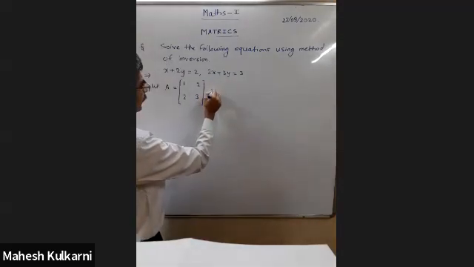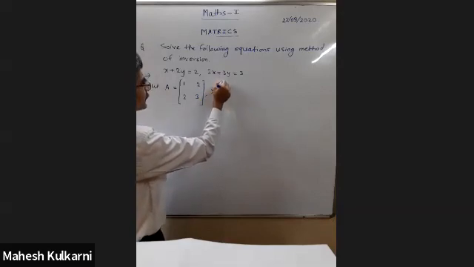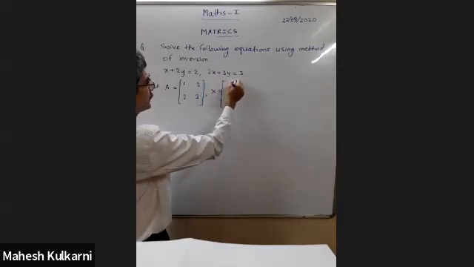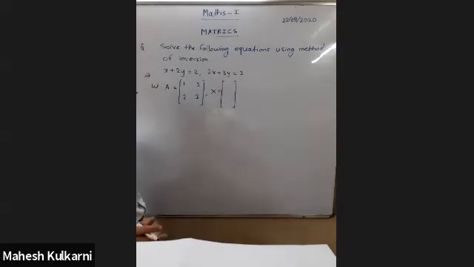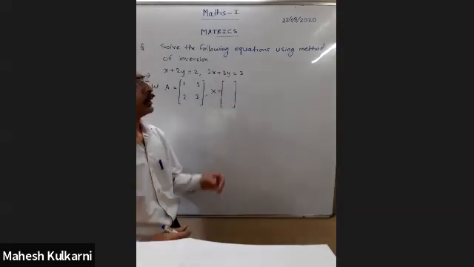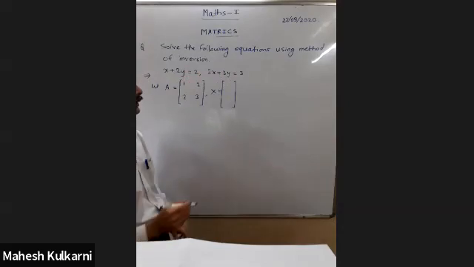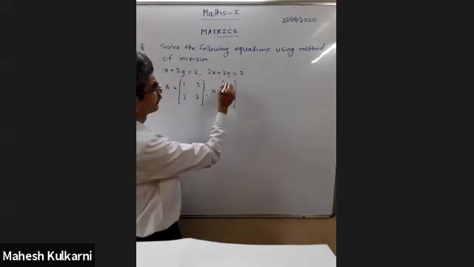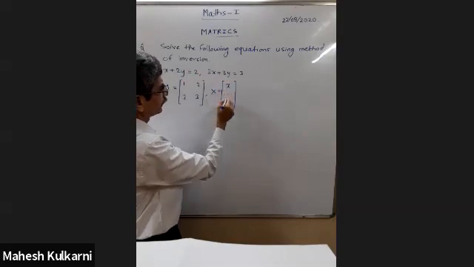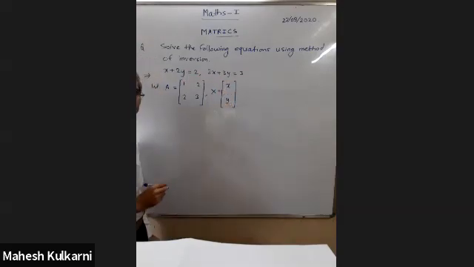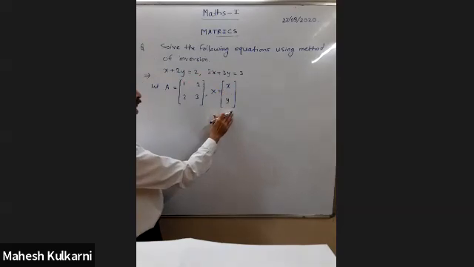Next, we have matrix X. Now this X is the matrix of variables. Two variables are there, x and y. And remember, this matrix is a column matrix of order 2 by 1.